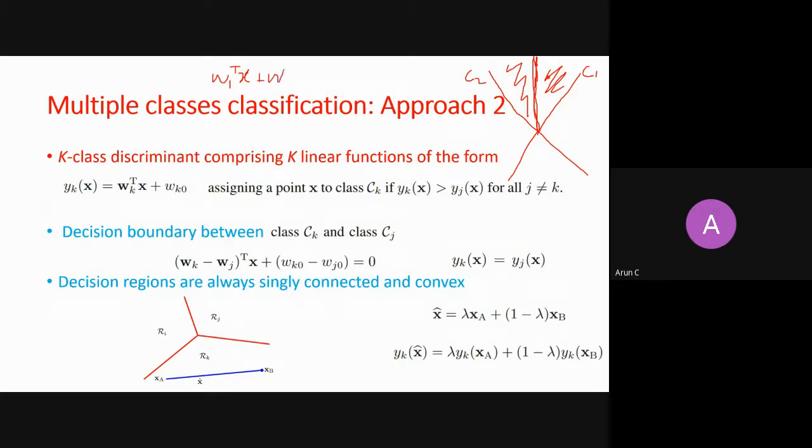This is the hyperplane for my corresponding class 1, right? Then I say that this should be equal to W2 transpose X plus W20, right?